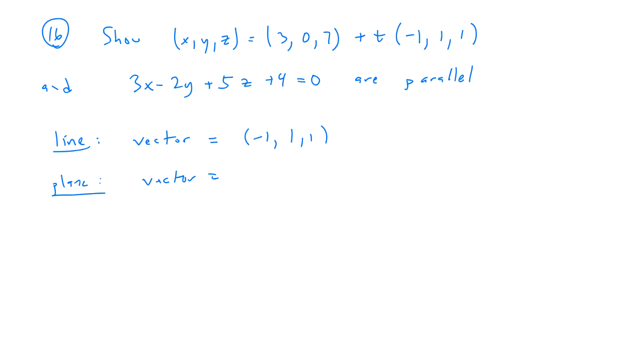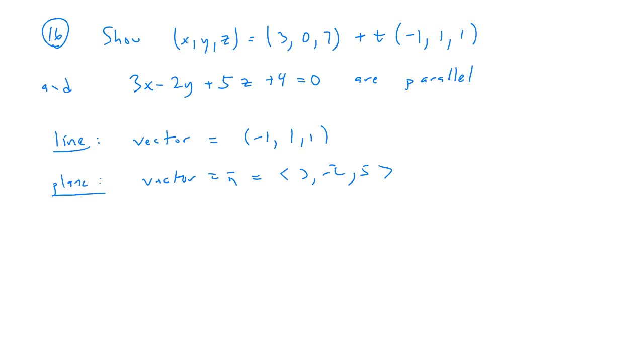So what's the vector that goes with the plane? The normal vector. That's a 3, -2, and a 5.